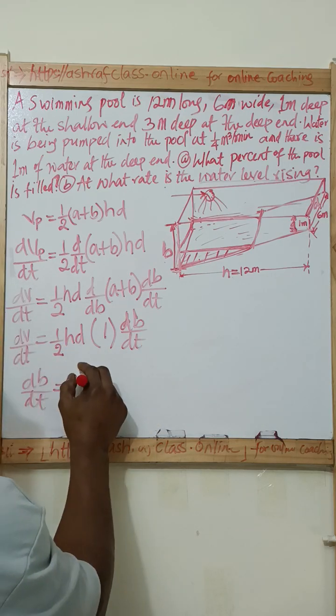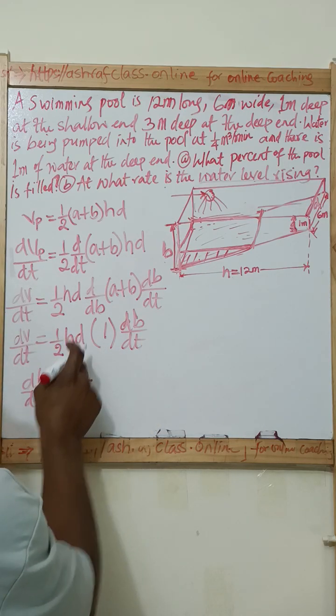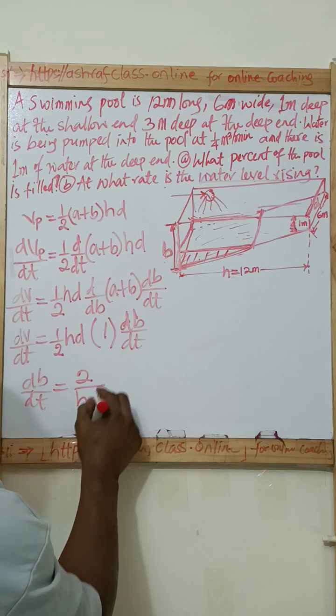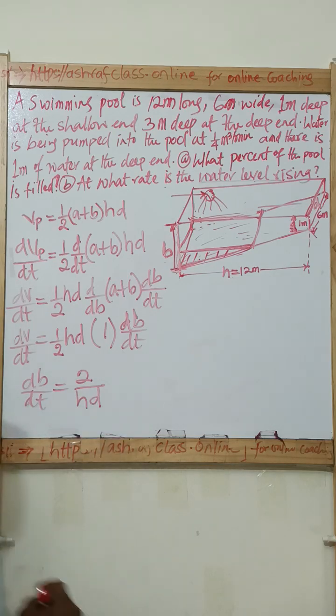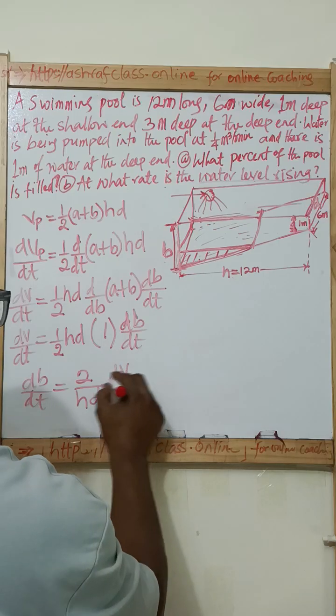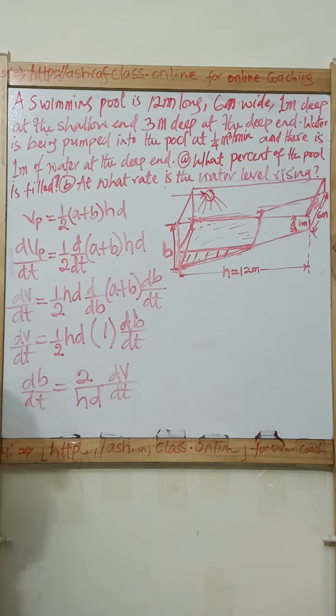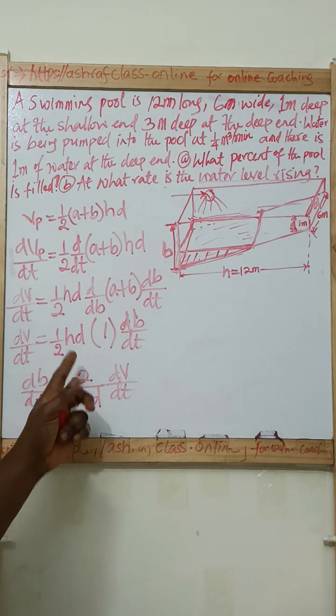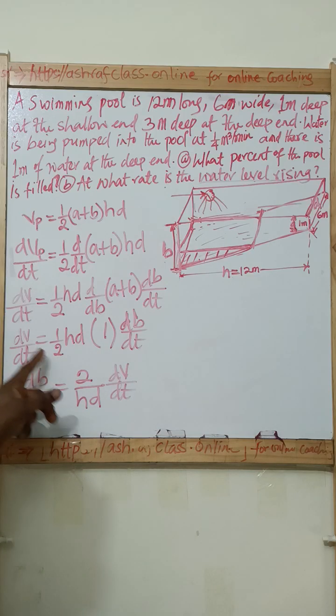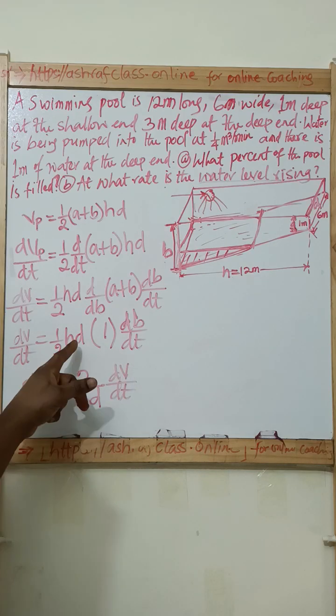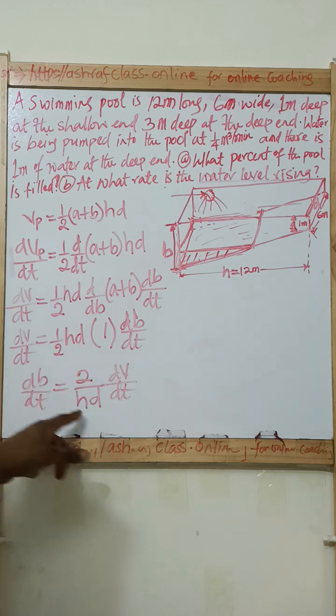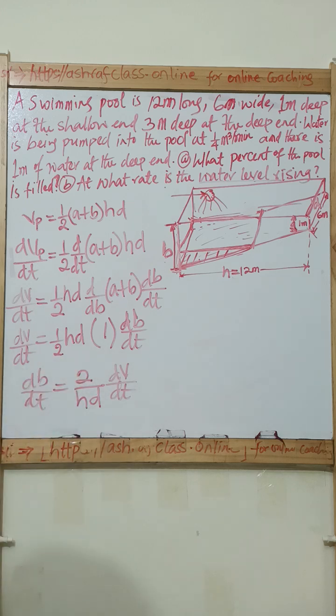These two will go and multiply this. That will be 2. Then this one will come under H and D, right? Then dV/dt. Okay? So you use this one to multiply dV/dt, then you bring these ones under it.